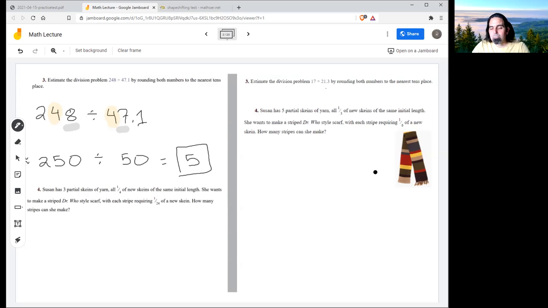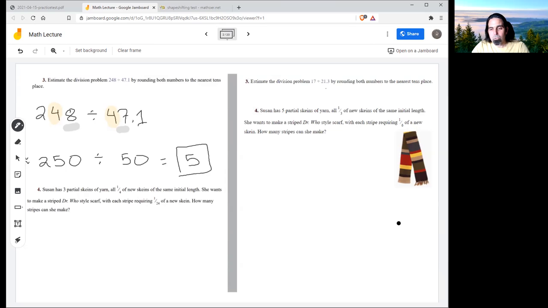Anyway, ignoring the memes, Susan has 5 partial skeins of yarn. They are all 1/3 of what a new skein of yarn would be. She wants to make a scarf using all of these different 5 colors. Each stripe requires 1/6 of a new skein. How many stripes can she make?